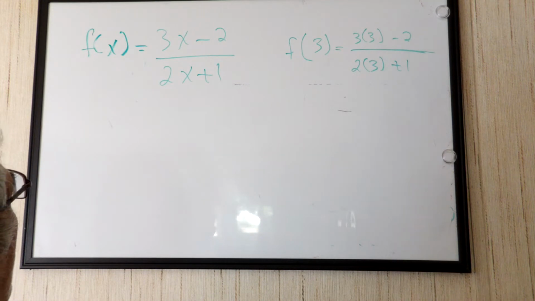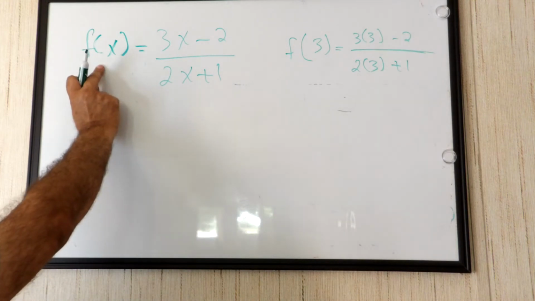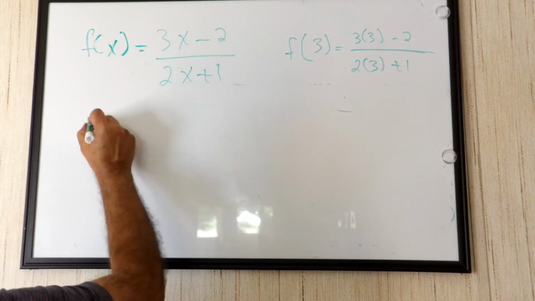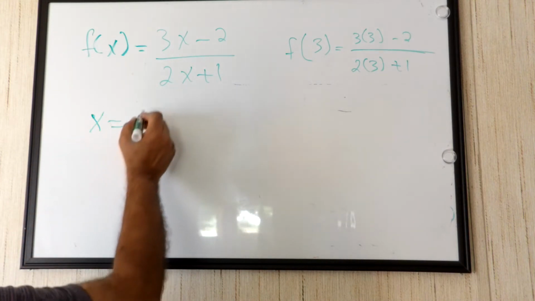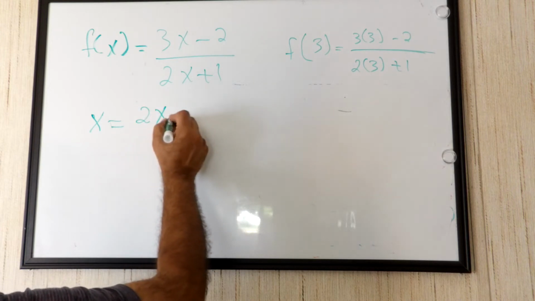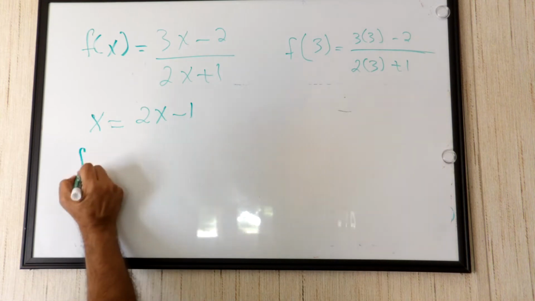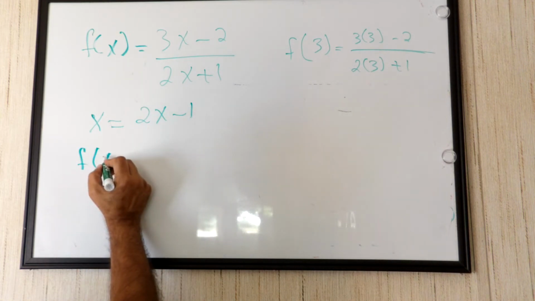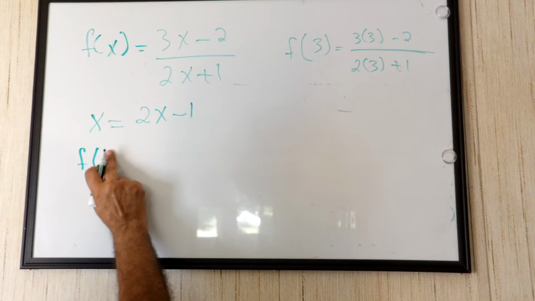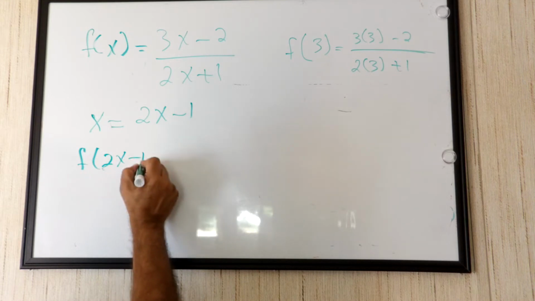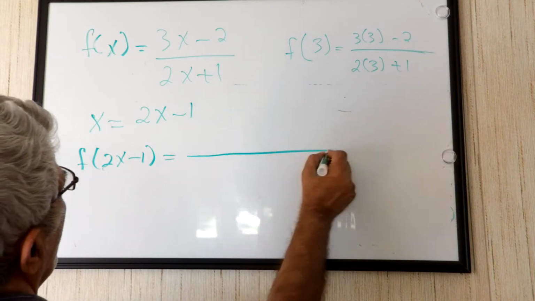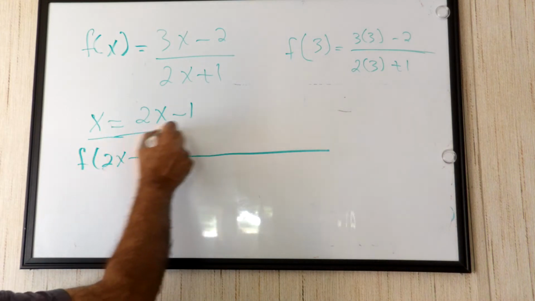Whatever they give you the value of x, they want to find the value for f of x, you do this. Suppose x is going to be equal to 2x minus 1. Now we say f of 2x minus 1, what is going to be? Instead of x, we put this one here.